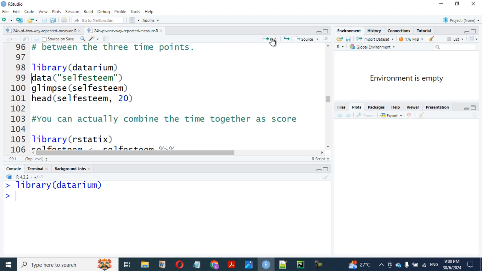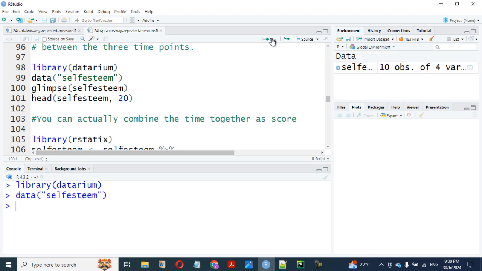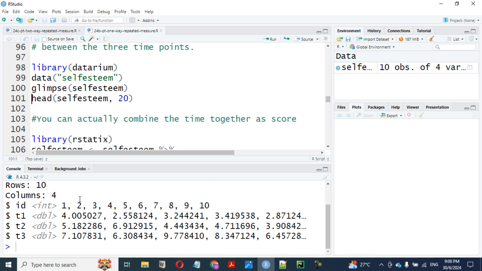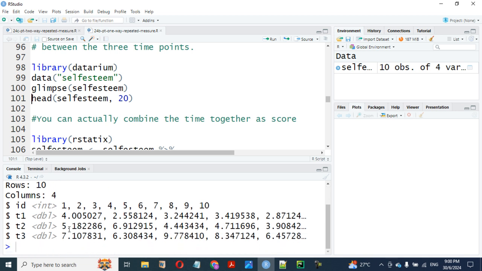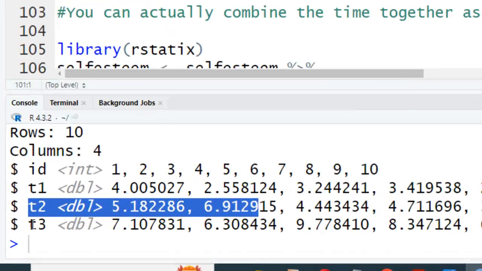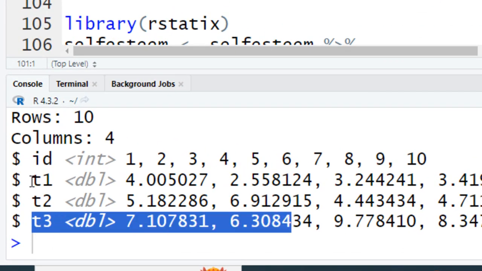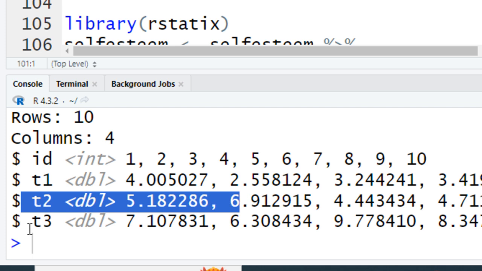All right, so we run our testing. You can glimpse and see what I'm talking about. When we glimpse, we have 10 rows and 4 columns. Look at the way the data looks. This is the first sample, second sample, third sample, or first group, second group, third group.